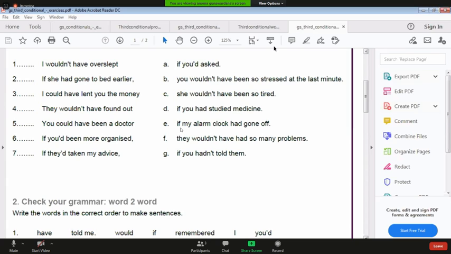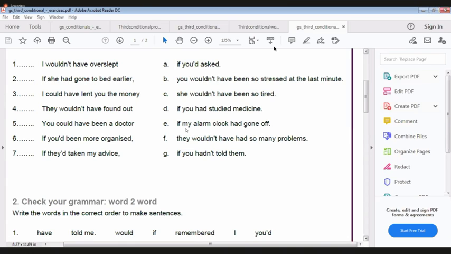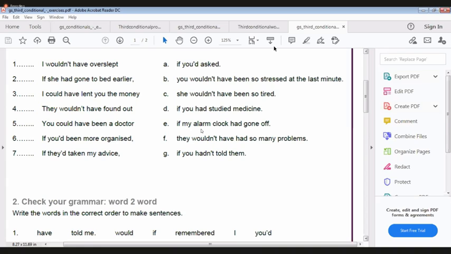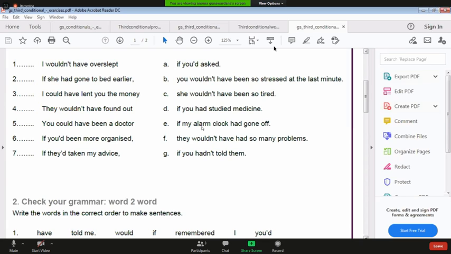I wouldn't have overslept. What is the meaning of overslept? Sleeping more than you should. Right. If my alarm clock had gone off, I wouldn't have overslept.